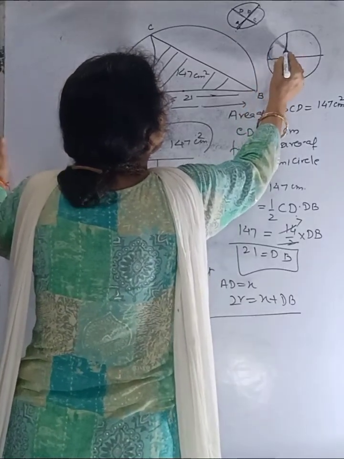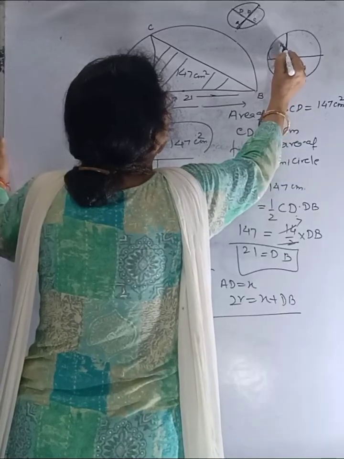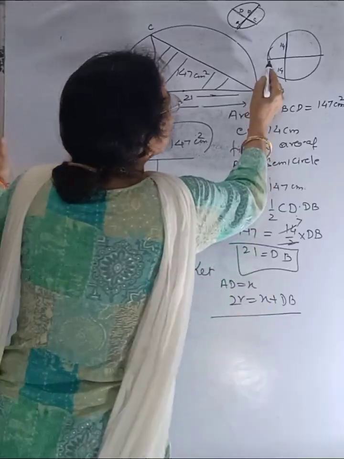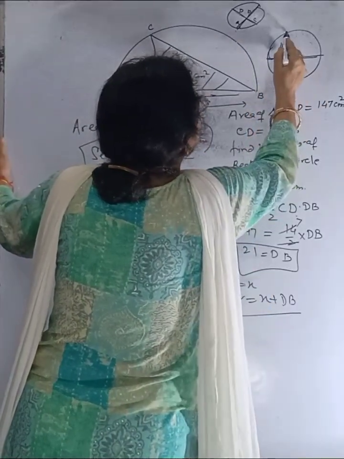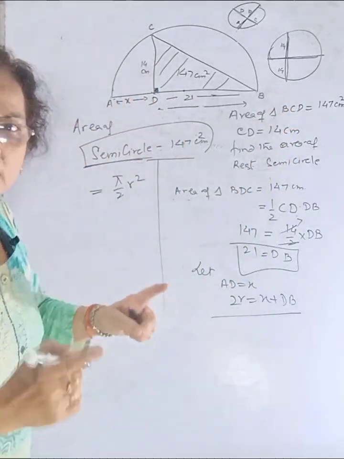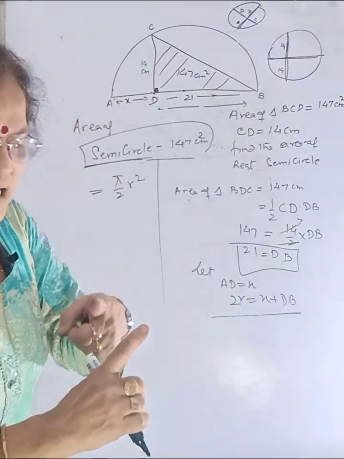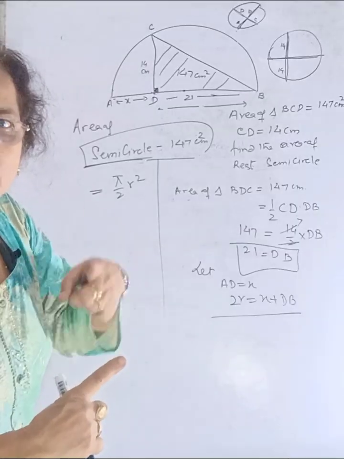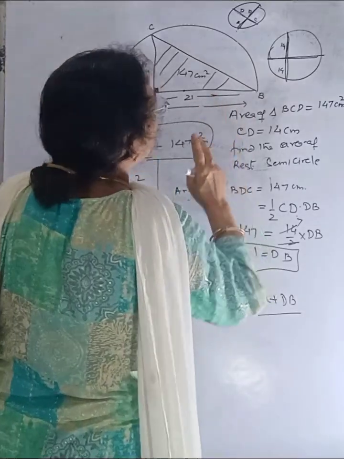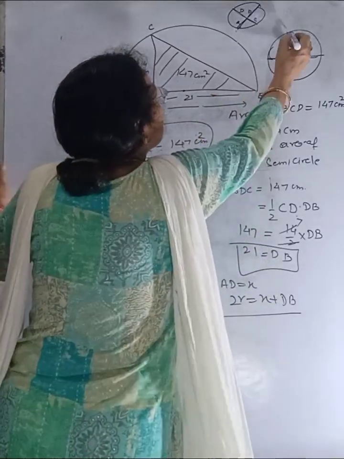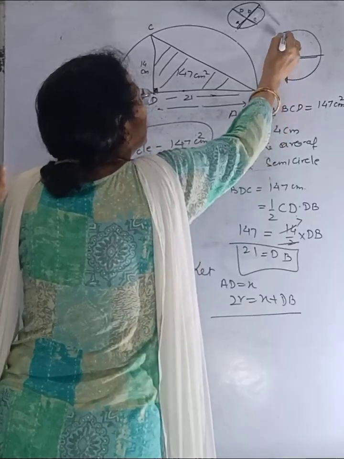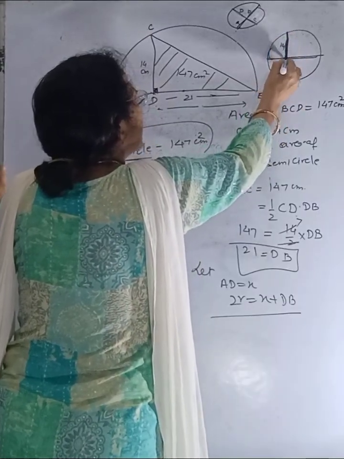This is 14 as given, and this will automatically be 14 because the diameter always bisects the chord. These are the two chords, and one of them is the diameter. In that case, we can apply two theories. One is that the diameter always bisects the chord.